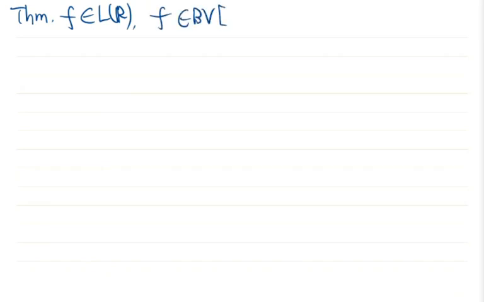Having proved the roll-down lemma, we are now ready to prove the Fourier integral theorem. That is this theorem. Suppose f is integrable on the real line, and f is of bounded variation in some small interval around x.